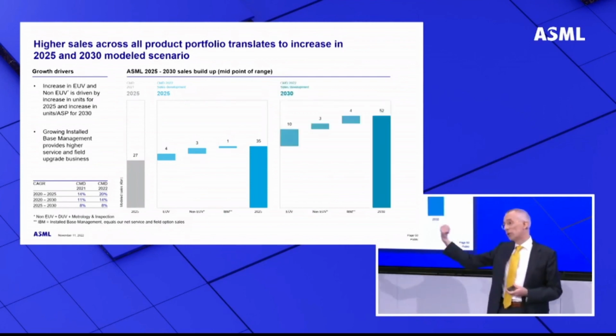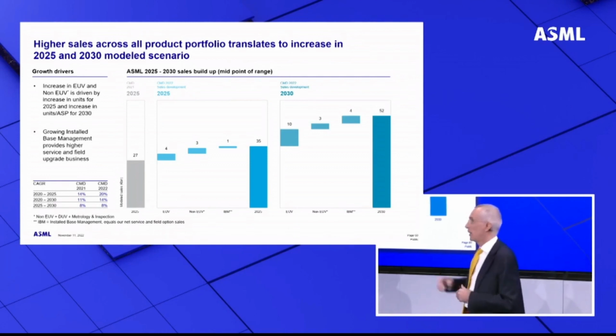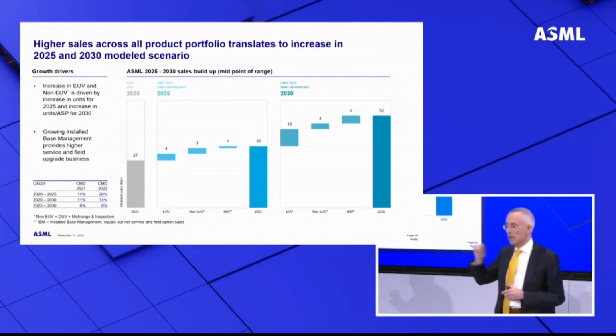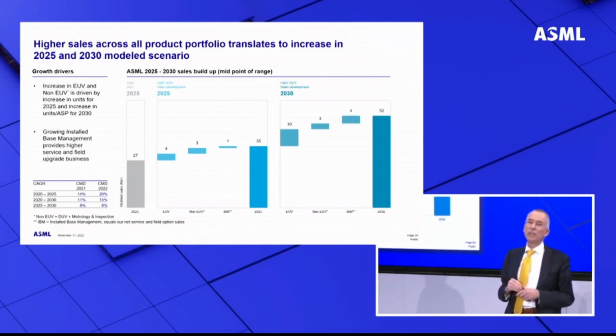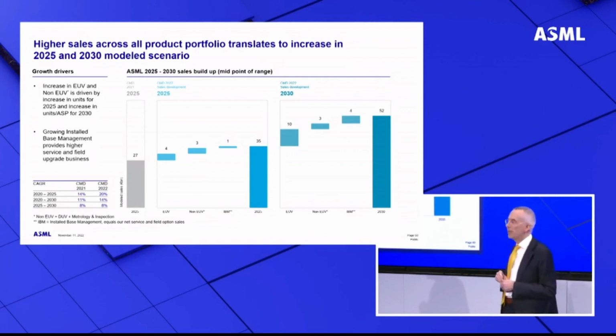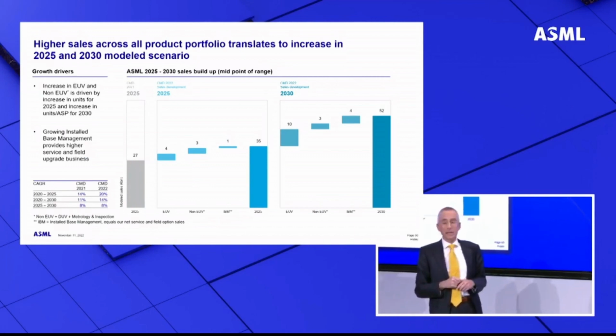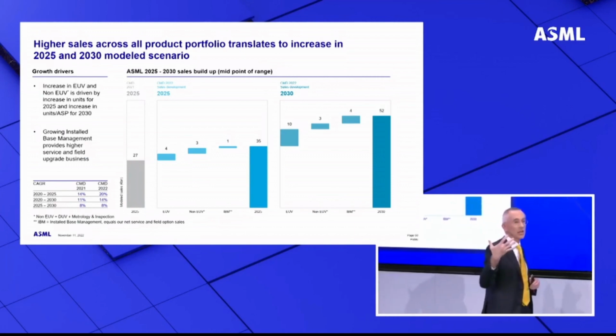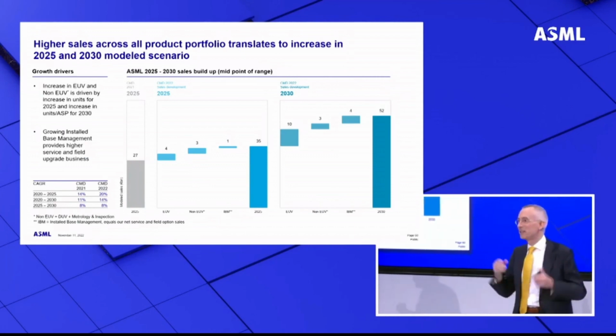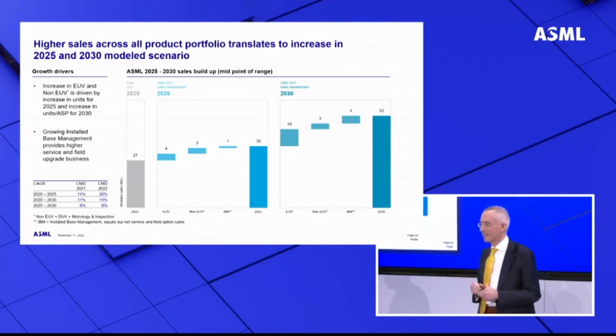If you then go to the 2030 projection, how do you get from the midpoint 35 for 2025 to the midpoint 52 in 2030? EUV is a very significant driver of that, at 10 billion. Of course, the lion's share of that, that's pretty obvious, is the number of High-NA tools, right? That's the key driver there.